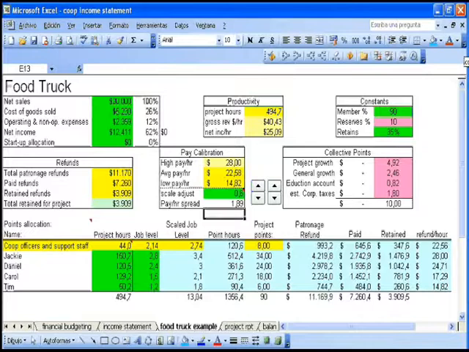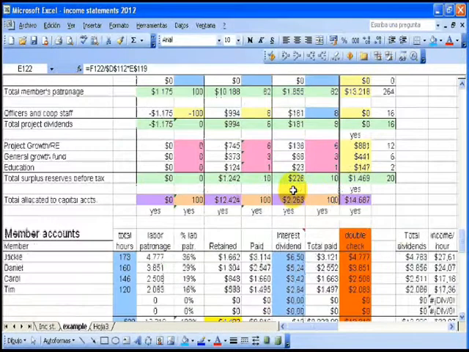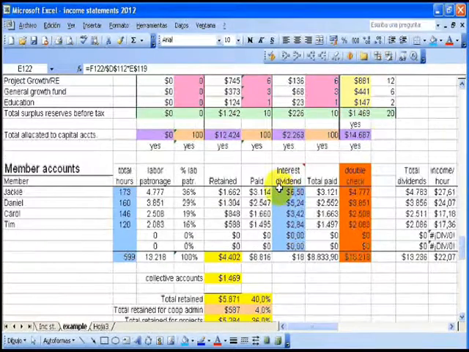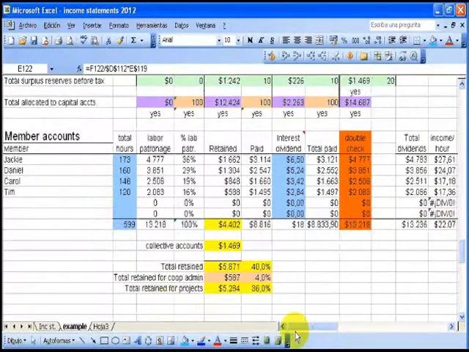All right, so that's a quick review. I also did the member accounts of how much is retained for each member, how much is paid each member, their interest, and how much they actually ended up making per hour of work, and the retains.